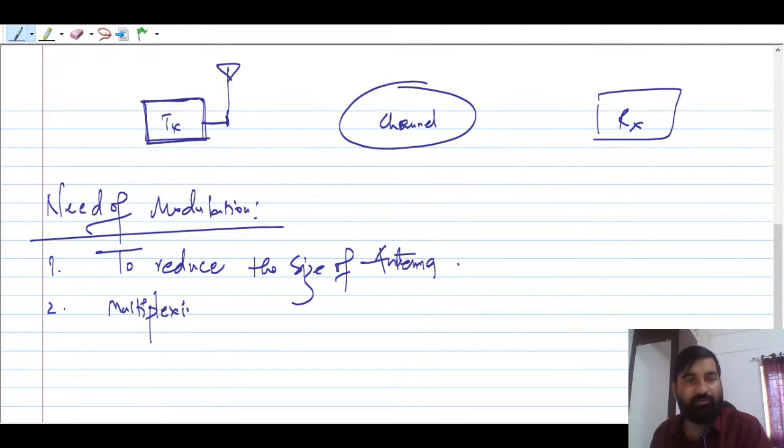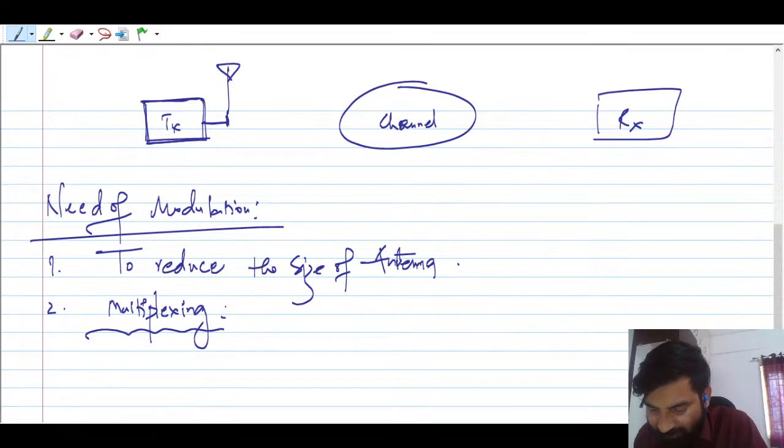The second one is multiplexing. What is this multiplexing? Multiplexing is nothing but simultaneous transmission of many signals. If there is no modulation, then you cannot realize the antenna height, and you have to keep your signal at high bandwidth.